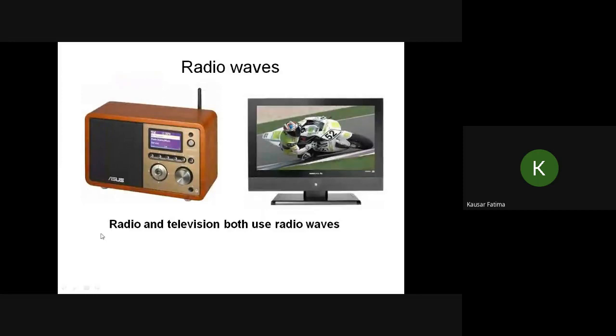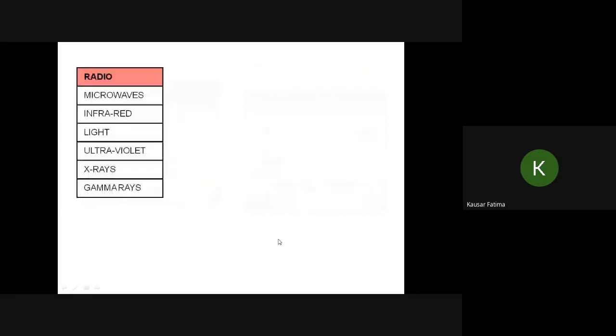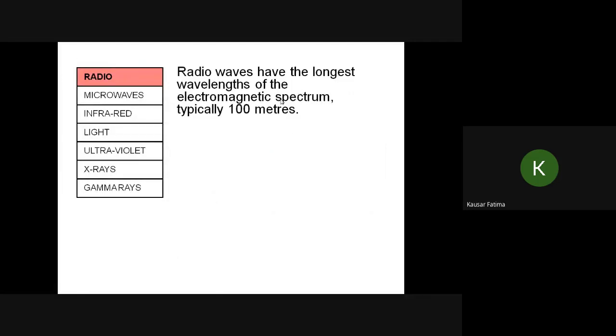So radio and television, these are communication waves, because they are used for communication. Radio and television make use of radio waves. Radio waves have the longest wavelength of the electromagnetic spectrum, of the order of 100 meters.